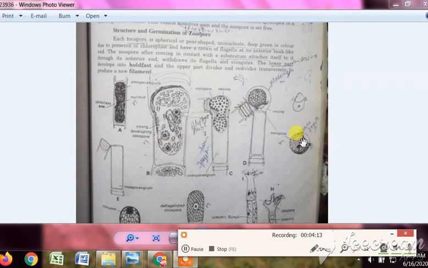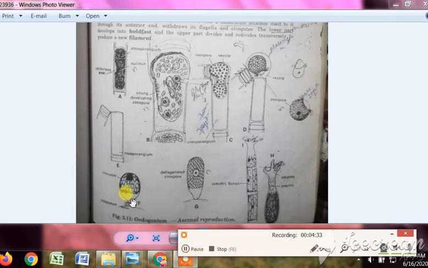Here you can see it separated from the parental body. Then it inverts its position. This was the upper position, and this was the lower position, but it inverts. It will come down, and the lower end will go to the upward position. Here you can see it like this.